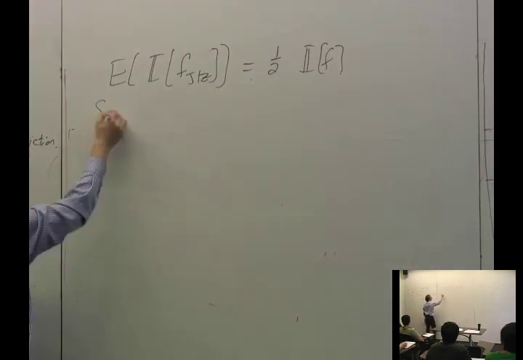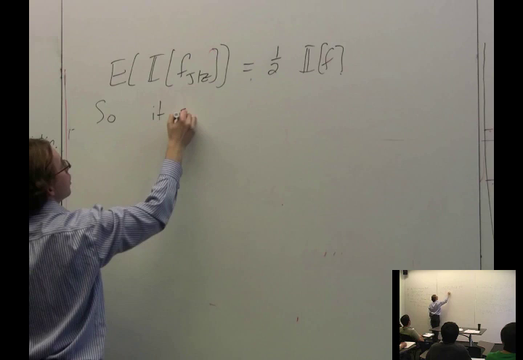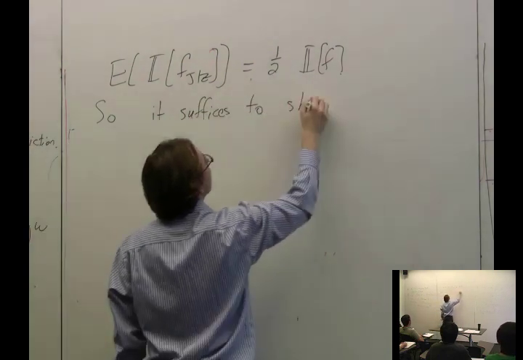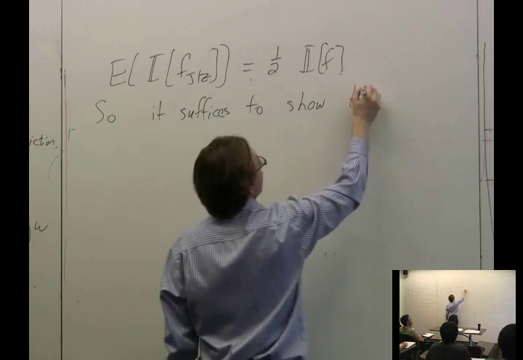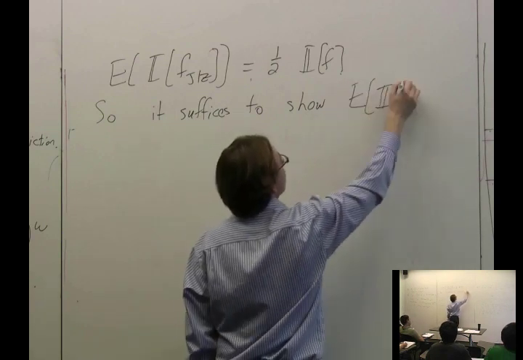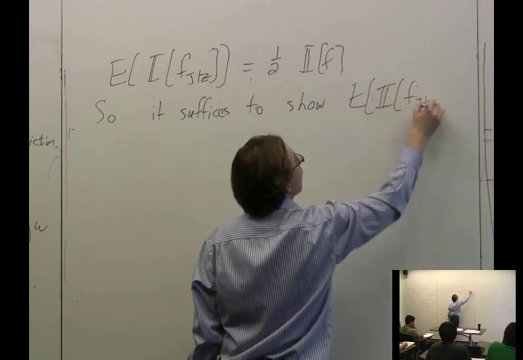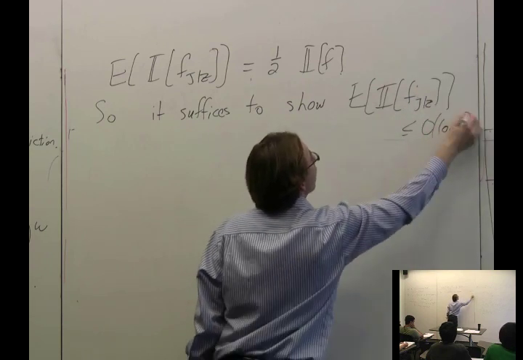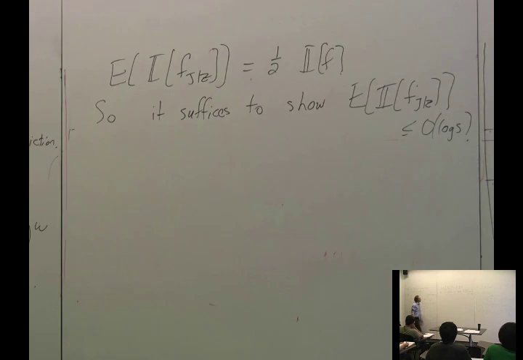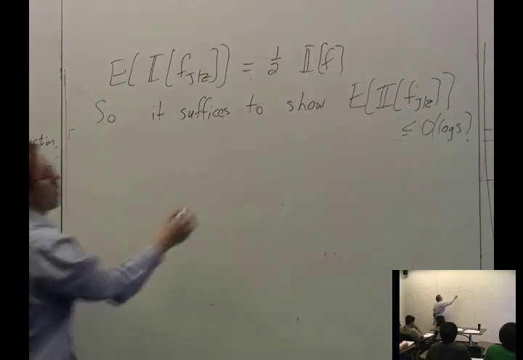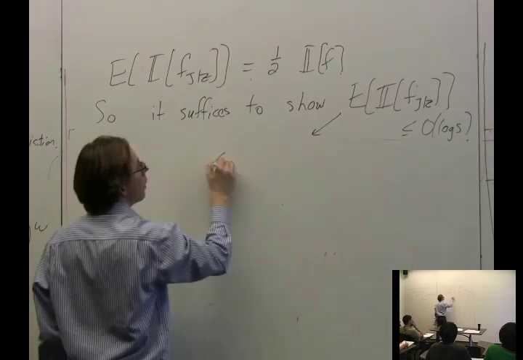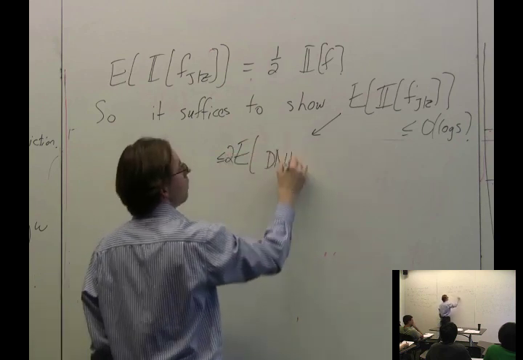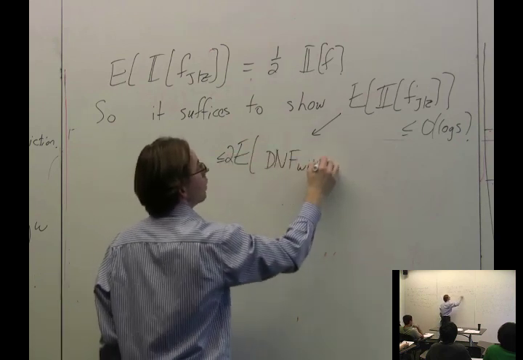So by losing this factor of 2, it suffices to show that the expected value of the total influence is at most log S. And we also know that this is at most 2 times the expected value of the DNF width of the restriction.